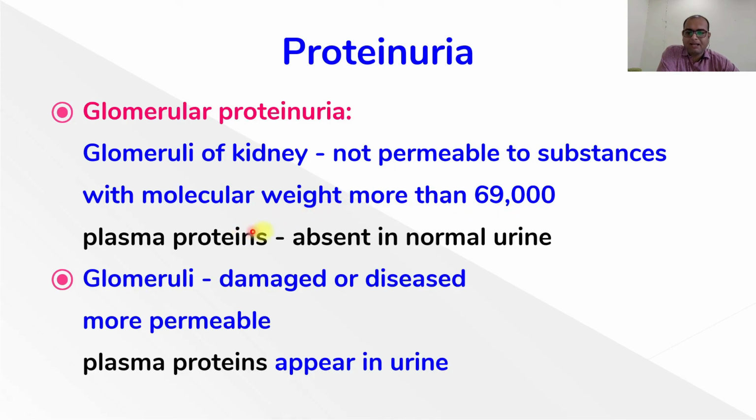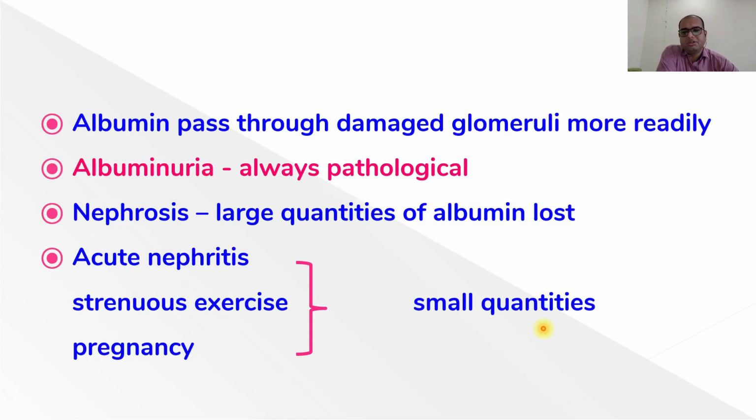So that's why plasma proteins, starting with albumin, are absent from the urine. If your glomeruli are damaged, then plasma proteins will start appearing in the urine. Albumin will pass, and that condition is called albuminuria, and it is always considered a pathological condition.